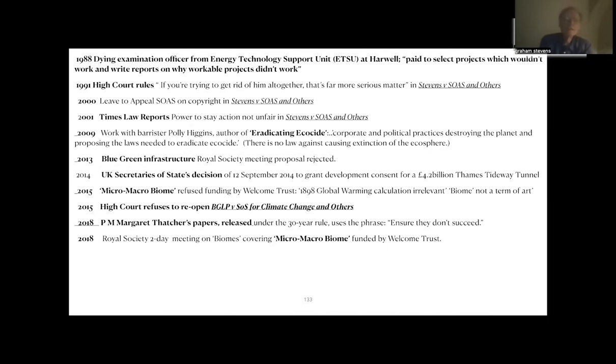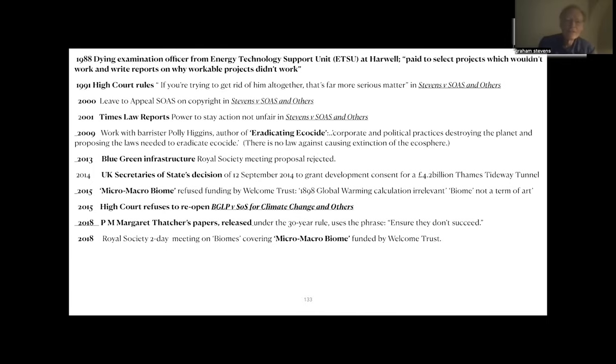And Viscount Bledisloe, on appeal, said, well, I'll lift the injunction for appointing another architect, but if you're trying to get rid of him altogether, that's a far more serious matter. Referring, of course, to copyright infringements and property rights in the project. That case was in court for 10 years or so.